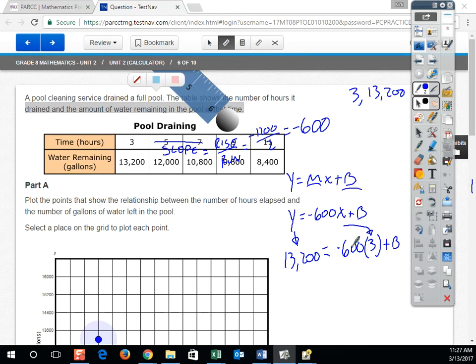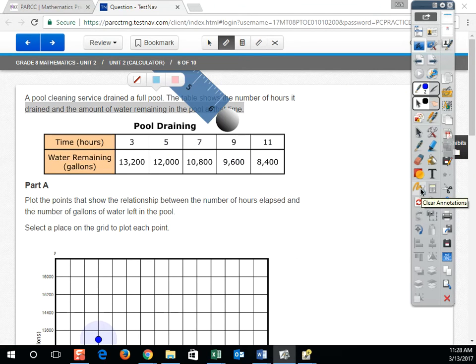So 3 times negative 600 is negative 1,800, plus b equals 13,200. What's the opposite of negative 1,800? Positive 1,800. And I get 15,000 is equal to b. So that is the algebraic means of solving that problem. And there we have it.